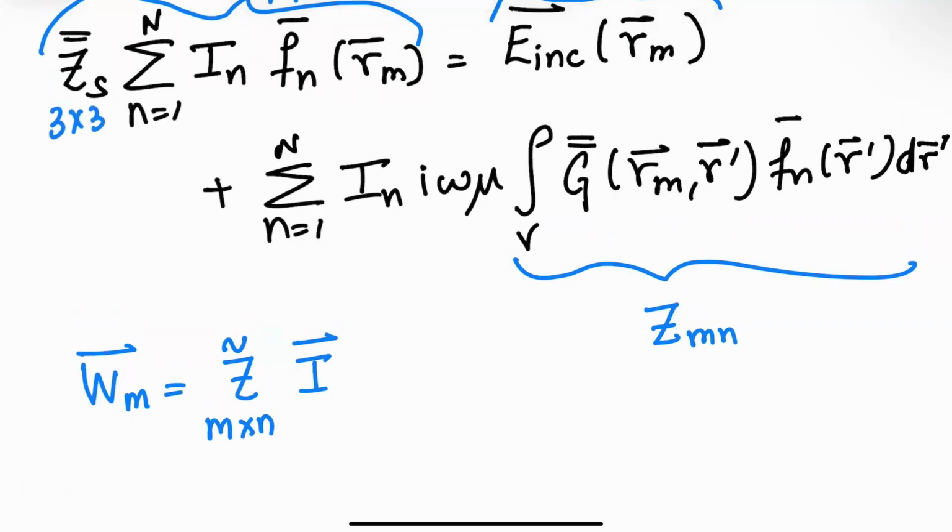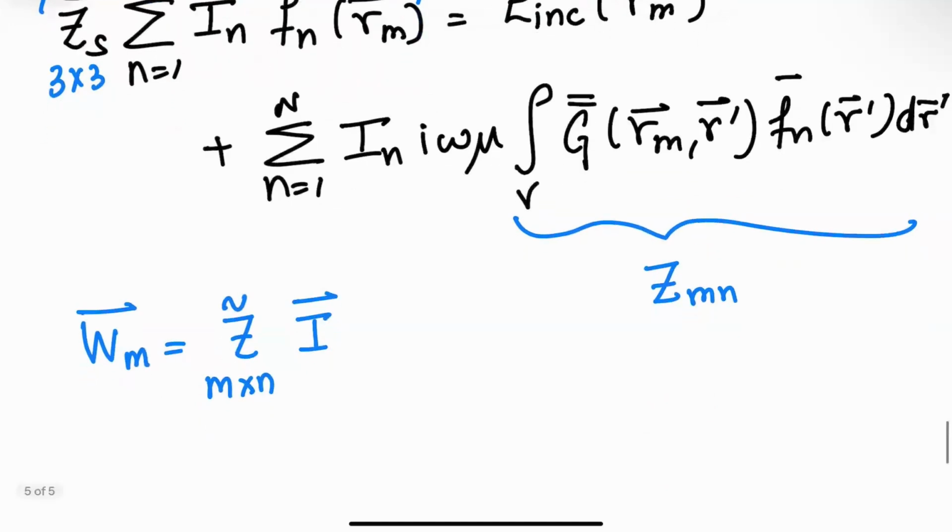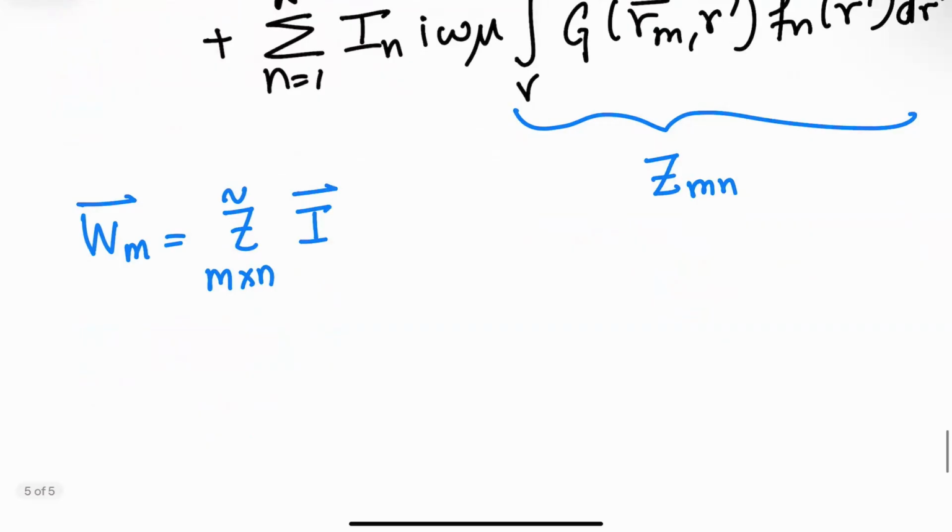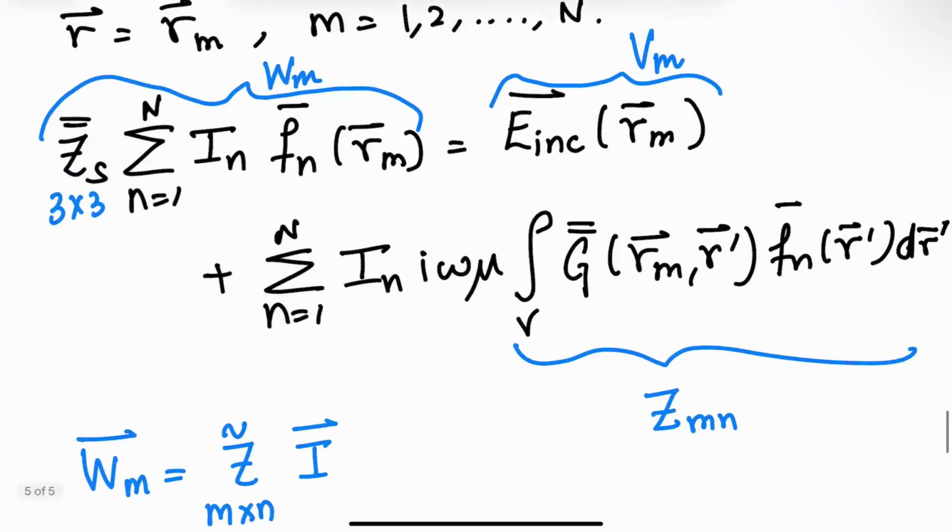This is nothing but a matrix, right? If I have a summation over n, and I have n of them, m of them, then I can write that as a matrix relationship. On the left-hand side, I have Z tilde times I vector is equal to Vn, which is an n by 1 vector.